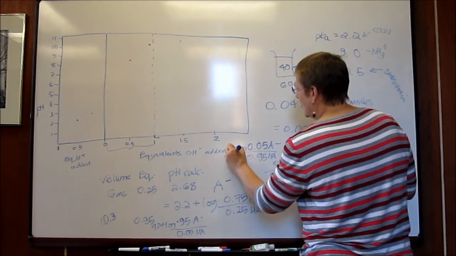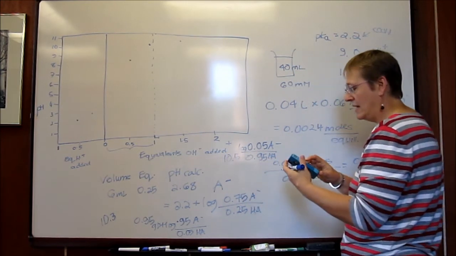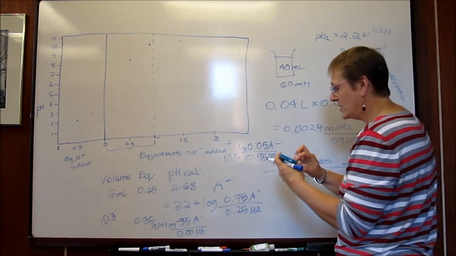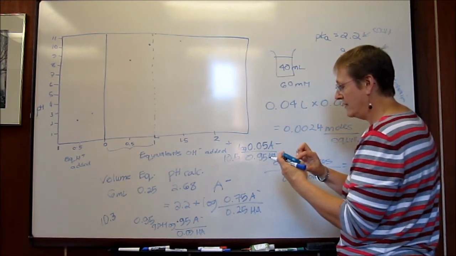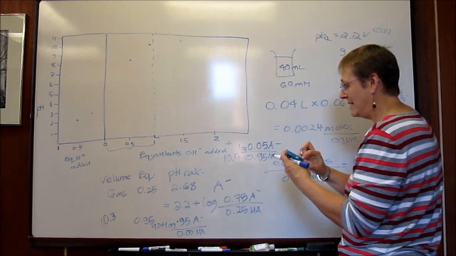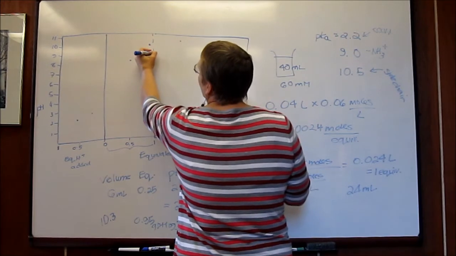Take the log of that, add to it the new pKa, which is 10.5, and I think you're going to find that things go a little screwy here, because we get 0.05 divided by 0.95, take the log, add to 10.5, and now we're at a pH of 9.22.